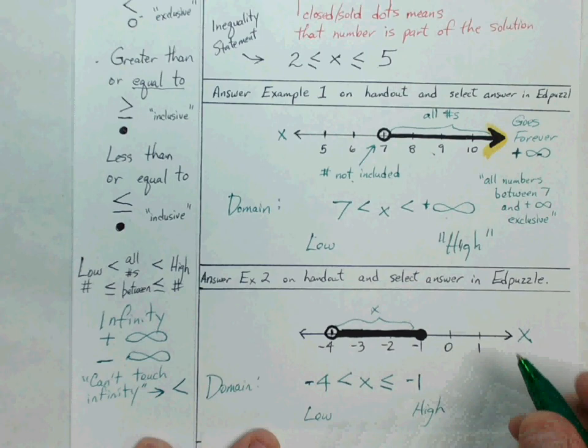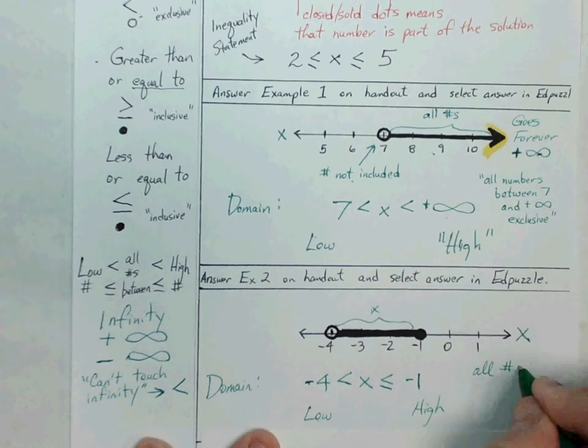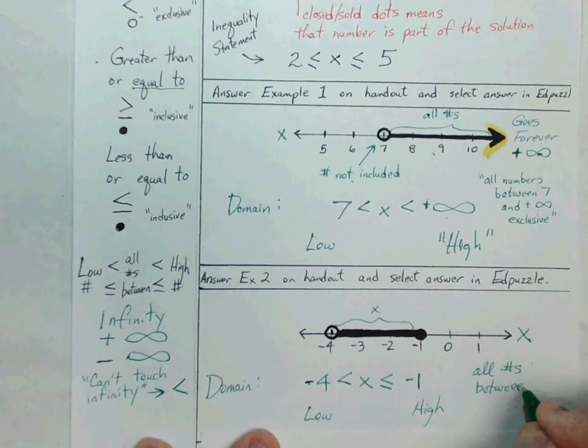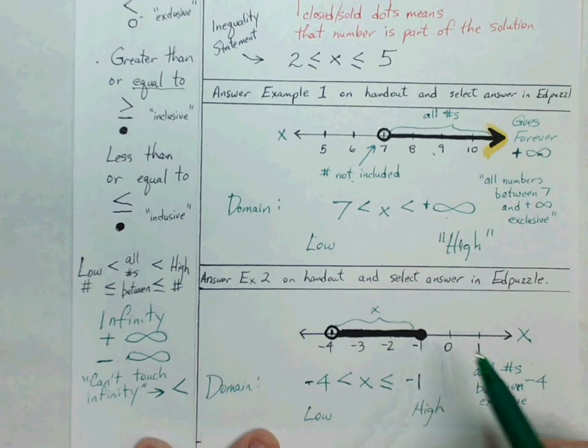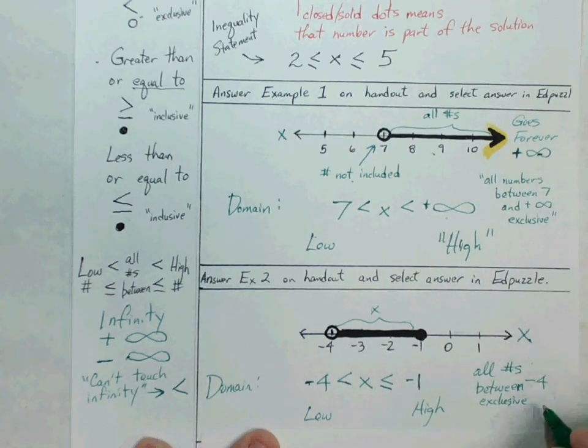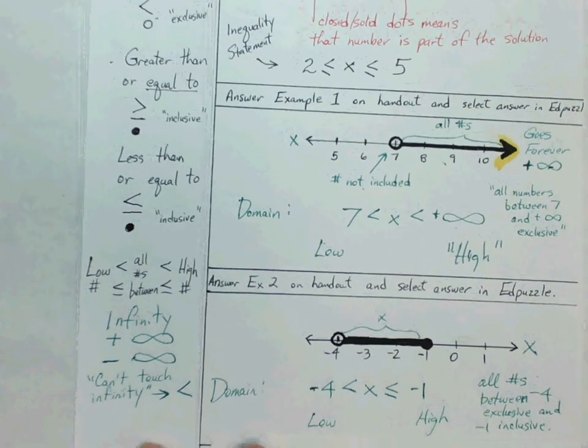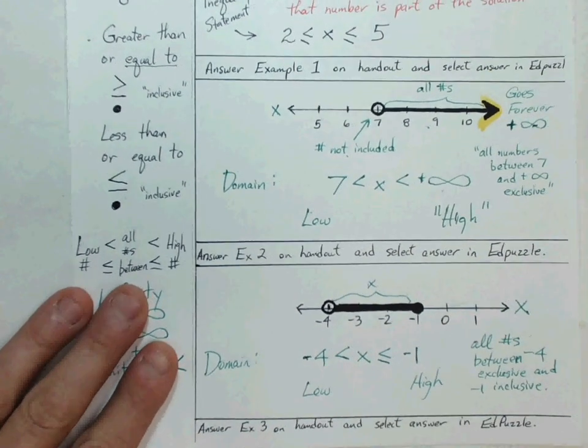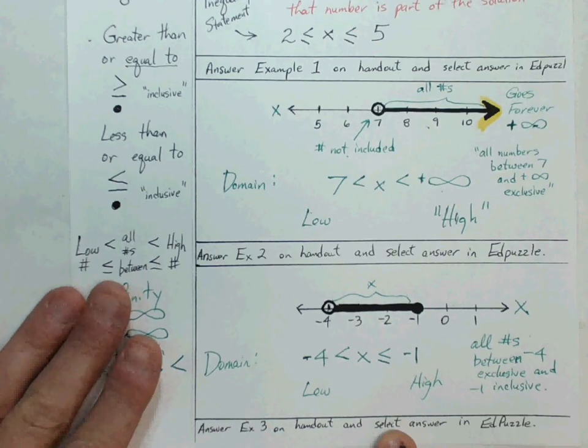So this is all numbers between negative 4, and that has an open dot, so we're going to say exclusive for negative 4, and we're going to go to a high of negative 1, and that's closed. We're going to say inclusive. All right, try number 3 on your Edpuzzle handout.